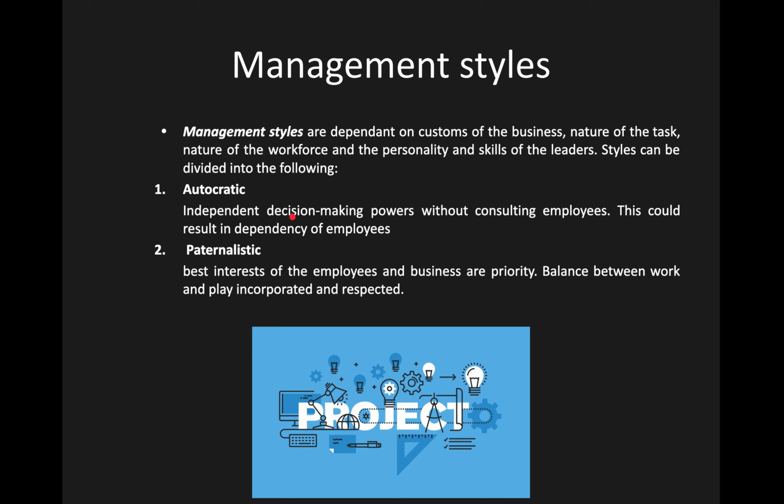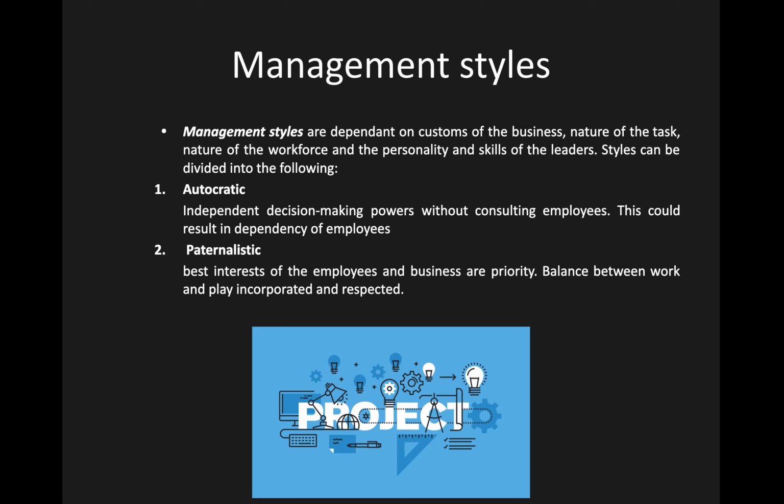Then there are types of management styles that you want to look at, and different management styles suit different types of businesses and different personalities and skills of leaders. So you have autocratic: independent decision making power without consulting the employee. This could result in a dependency of employees.